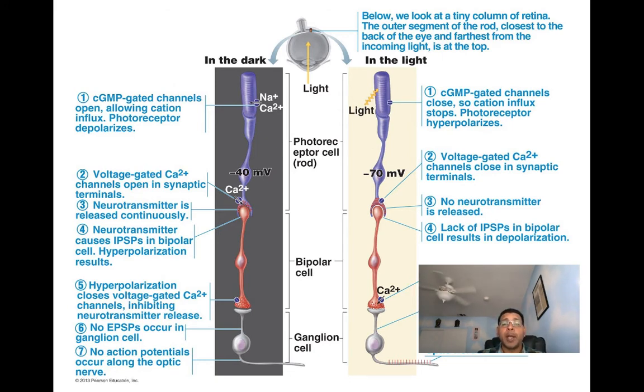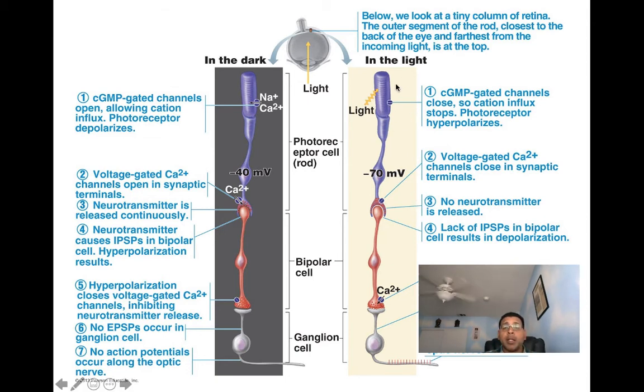When we talk about information processing in the retina, as we saw, photoreceptors themselves don't generate action potentials, but they generate graded potentials, EPSPs, excitatory postsynaptic potentials, and IPSPs.